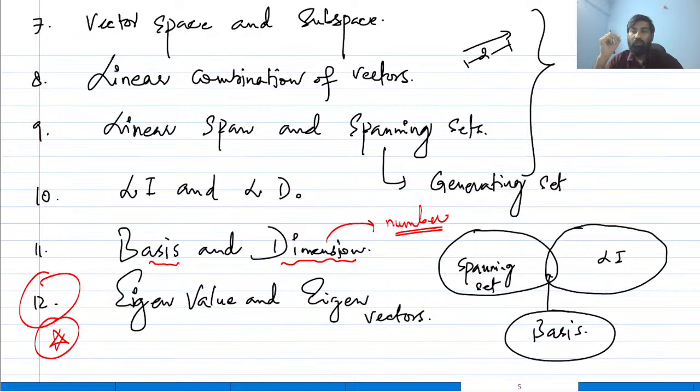In my session you will also come to know the difference between these topics, like eigenvalue and eigenvector. Any value, there are many kinds of values, right? But why is that known as eigenvalue and eigenvector? In signals and systems you will hear the word eigenfunction.